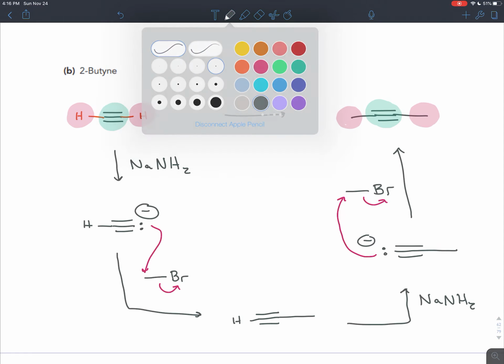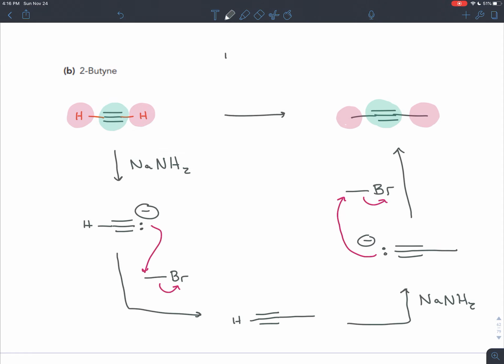So overall, you would want to separate this into steps. First, you would treat the original molecule with sodium amide. Second, you would add however many carbons you want to add with a leaving group on it. So we just wanted to add 1. That gave us this molecule down here. We wanted to replace the other hydrogen with another methyl group. So first we rip the hydrogen off with sodium amide.